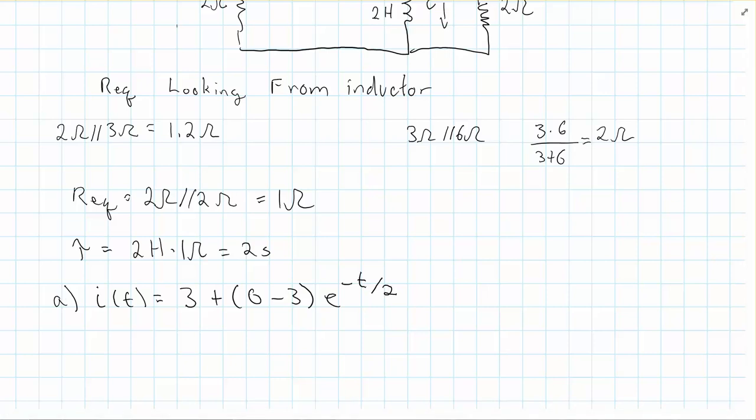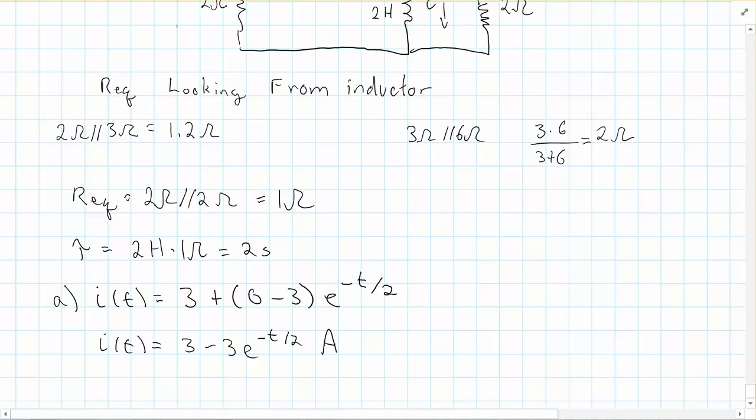We always write the milliseconds down because we're emphasizing it's milliseconds, and we have to make sure units are the same when we plug things in. And so my current here is 3 minus 3 e to the negative t over 2 amps.